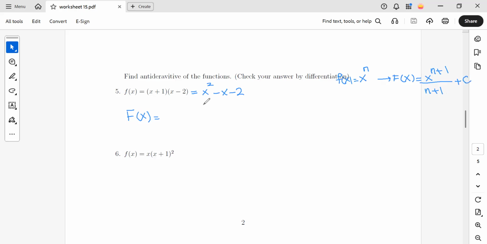Following this formula, we're going to have x power 3 over 3 minus x power 2 over 2 minus 2 times x, because when you have nothing here, that's x power 0, and you would add 1 to it, plus the constant c. And it cannot be simplified.